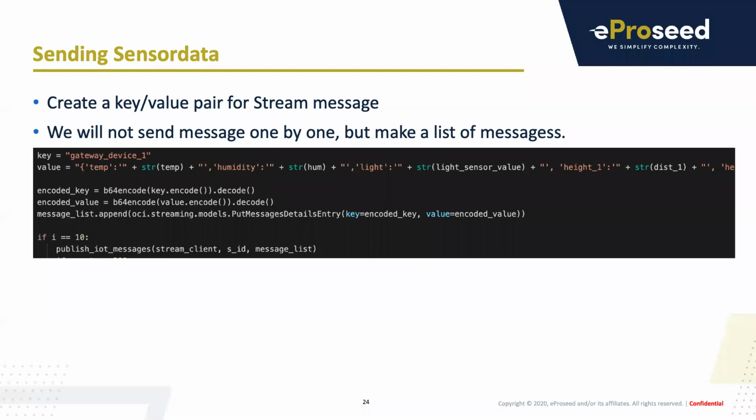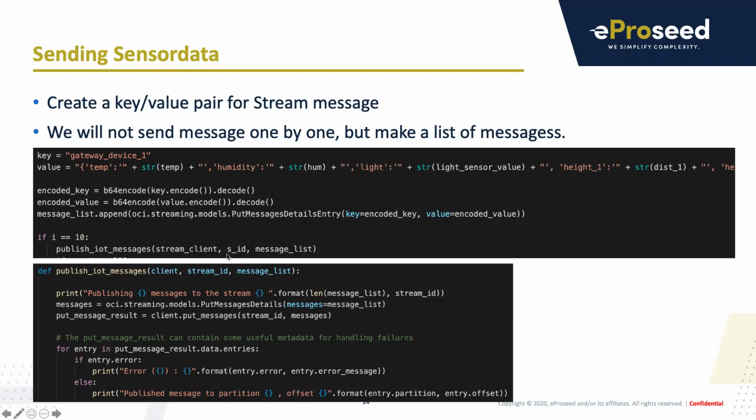And then in order to not have too much latency, instead of sending them one by one, I will send 10 at a time. So here you see it again. Publish IoT messages takes the client, stream ID and a message list, and then simply sends them to OCI Stream.